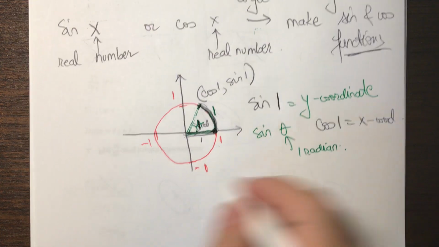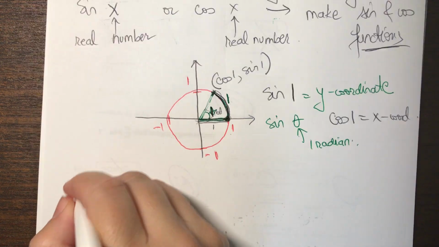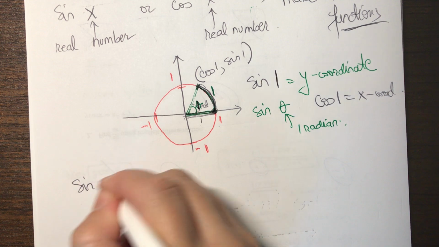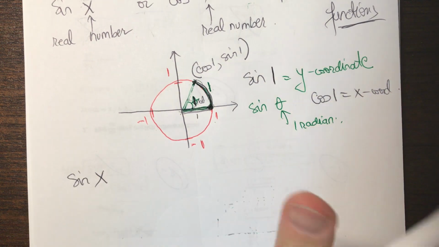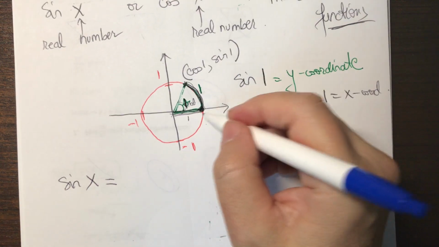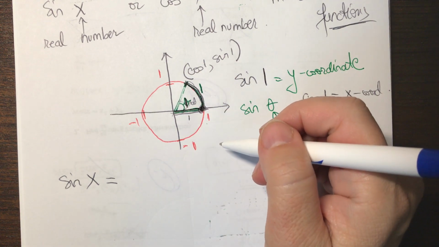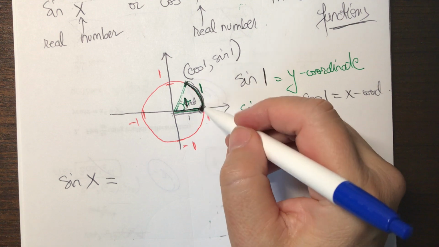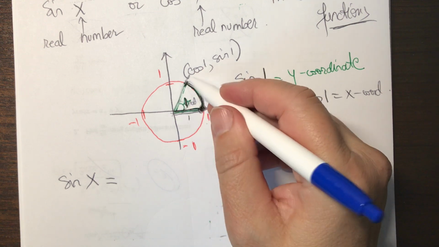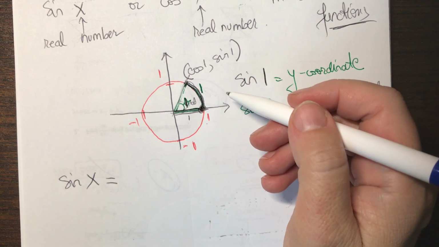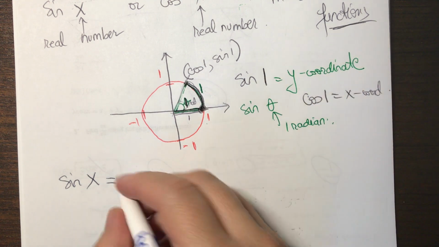So sine, I'm going to write it down. Sine of any number value x is equal to, and again, why do I have to start at this point? Because that's where the initial side of this angle crosses through the circle. And I have to go till the end, to the terminal side of this angle. So sine of x is simply the what?